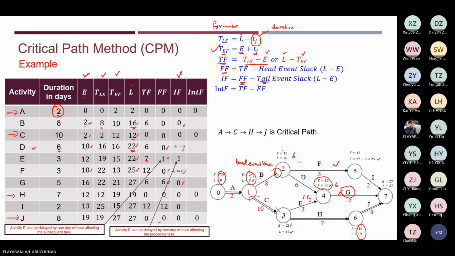Okay, now once you've done this, moving on to the interference float, the last part. The formula for the interference float is straightforward. It's the total float minus the free float. So total float minus the free float, then you will get the interference float.